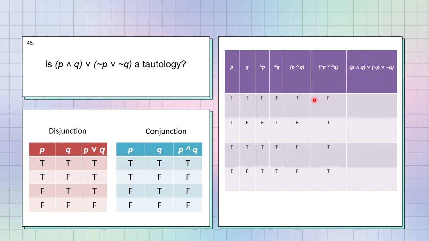Then the last column is to get the value of P and Q or not P or not Q. Here we use the disjunction. So the values are true, true, true, and true. So for this example, we again prove that it is a tautology.